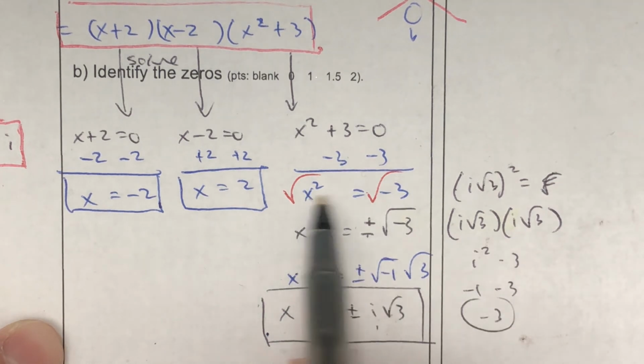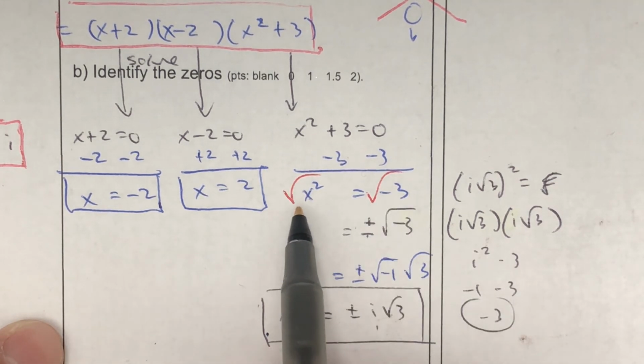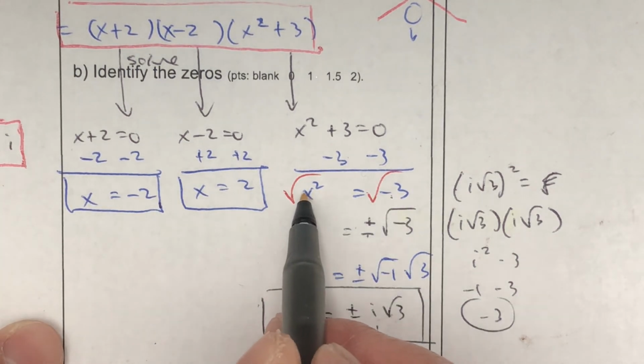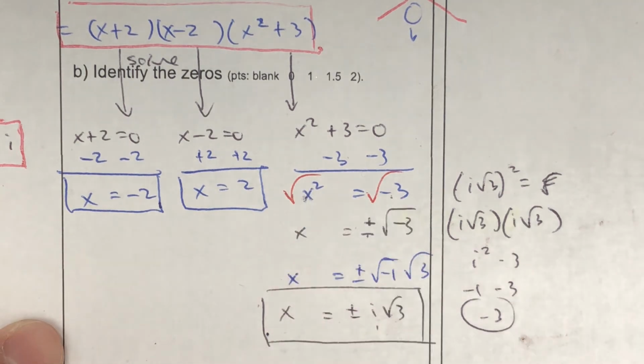So that proves to you, not in the red, that if you put in positive i radical 3 or negative i radical 3, it'll equal -3. So there are two answers you can put in for x. Squared will give you -3.